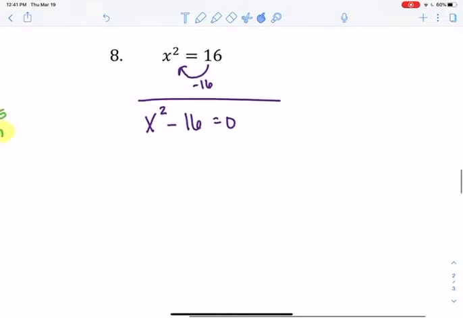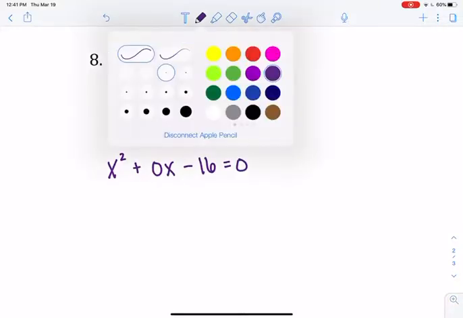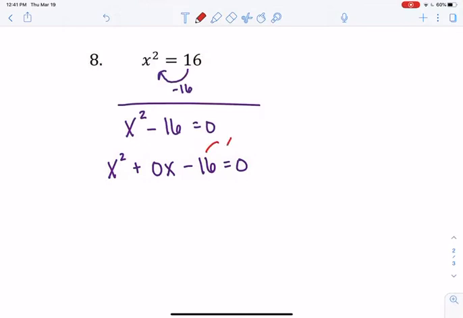That bx is missing, but that's really just like saying x squared plus 0x minus 16 is equal to 0. So what multiplies to be negative 16 but adds or subtracts to be 0? When I think about my factors of 16, 1 and 16, 2 and 8, 4 and 4, which one of those could I make become 0?